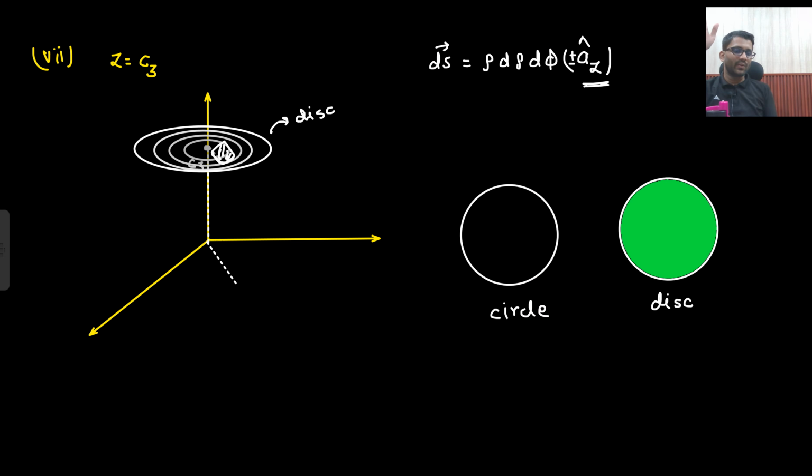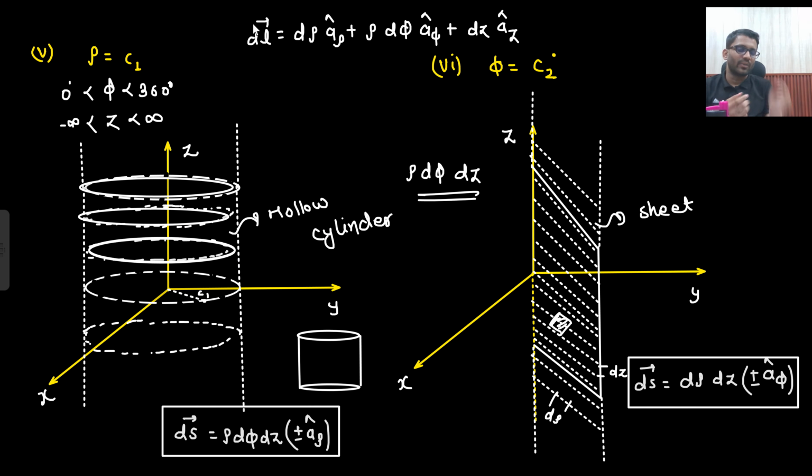So quickly, if I need to write it down, I will just see the equation. The equation is z equals C1. If z equals C1, then the area vector will be plus minus a z cap, and the small length components that will come are rho d phi and d rho. Forget about this dz; the rest of the components will come.